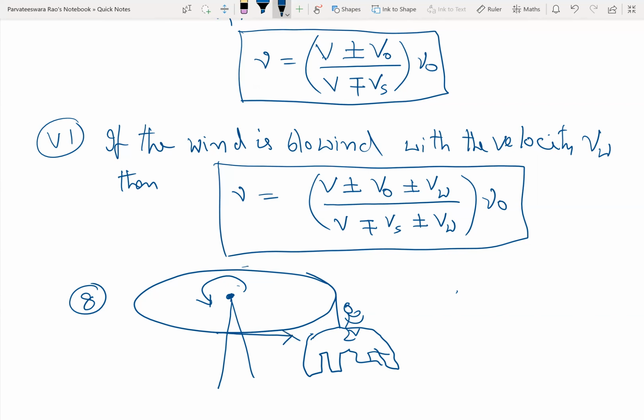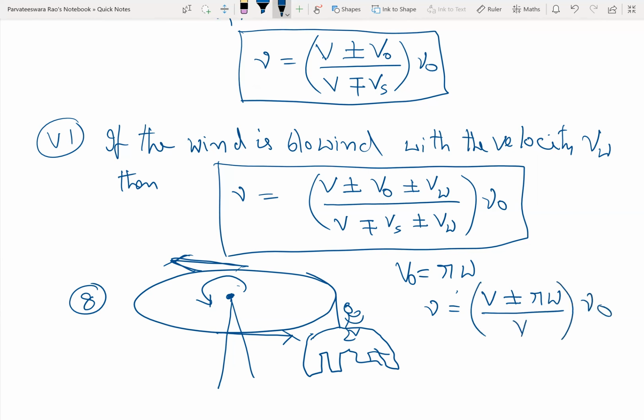Here it is approaching, here it is moving away. So V naught will be given as R omega, and the apparent frequency is given by V plus or minus R omega by V into nu naught.